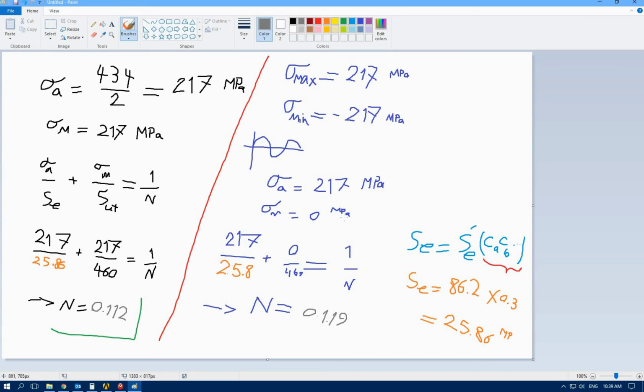Again, for the fully reversed loading, the safety factor is again a bit larger.